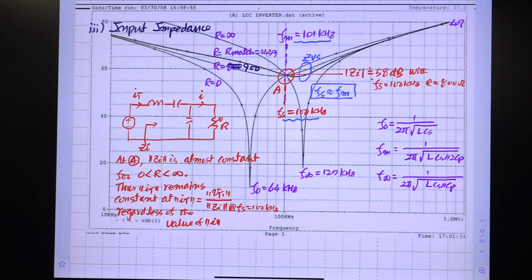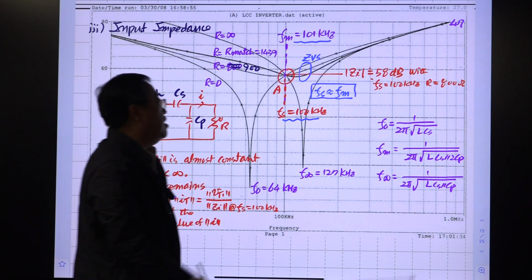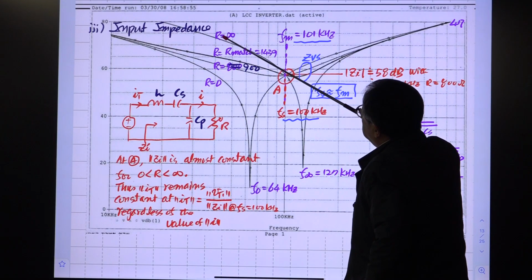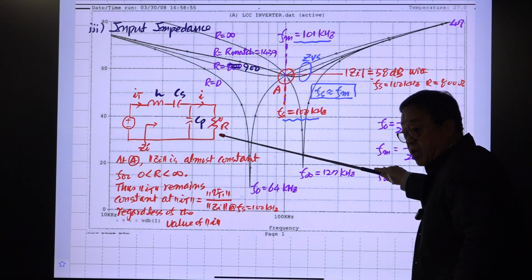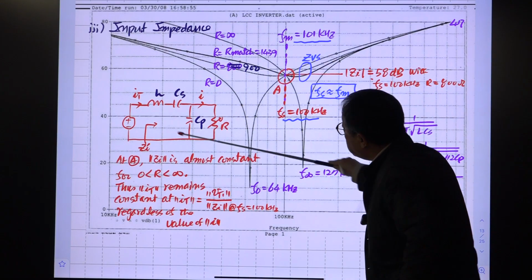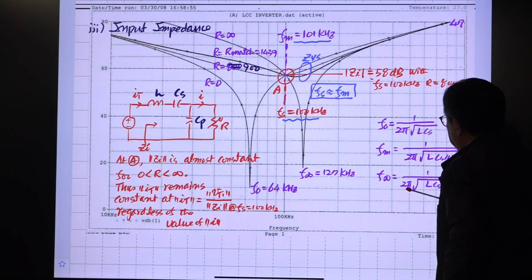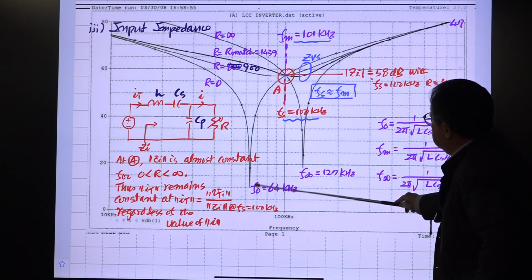So this is the L, CS, CP. So this is the resonance curve between this L and CS, and this is the input impedance with R becoming infinity, open circuit. Then you have another resonance frequency here. This F infinity is this number and this number.